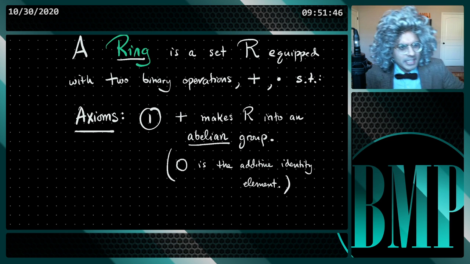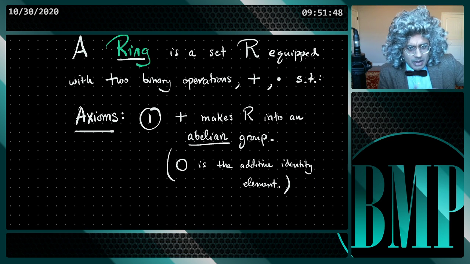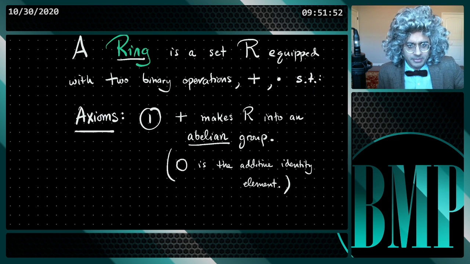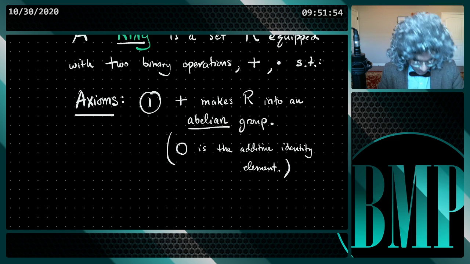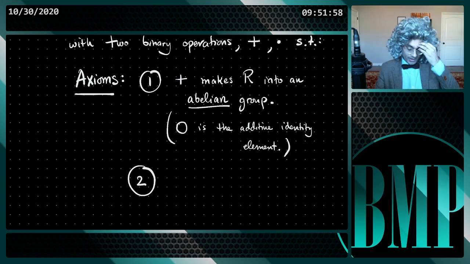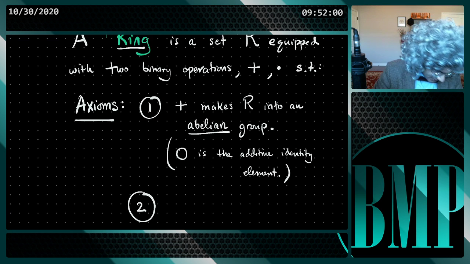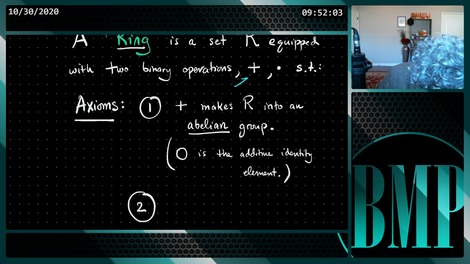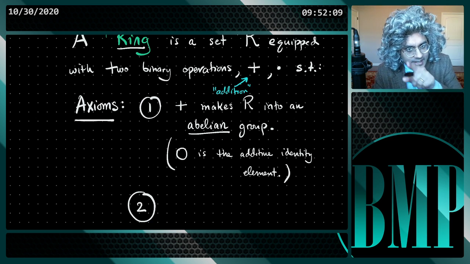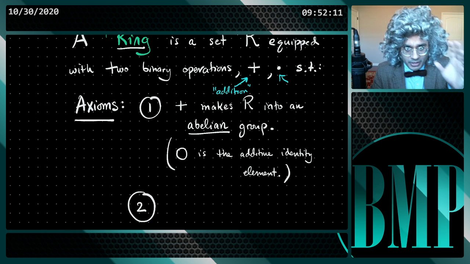Number 1: the plus operation makes an abelian group. 0 is the name of the additive identity. Okay, number 2. This is going to be called addition. Just words. And this is going to be called the ring multiplication.